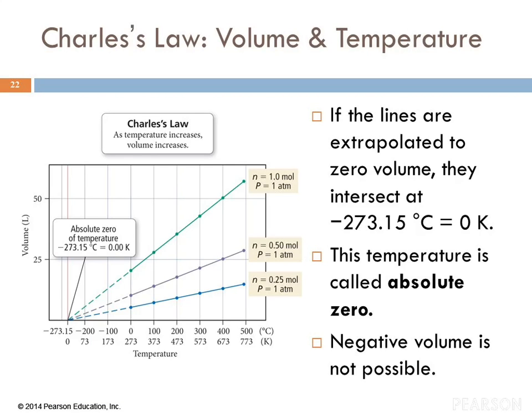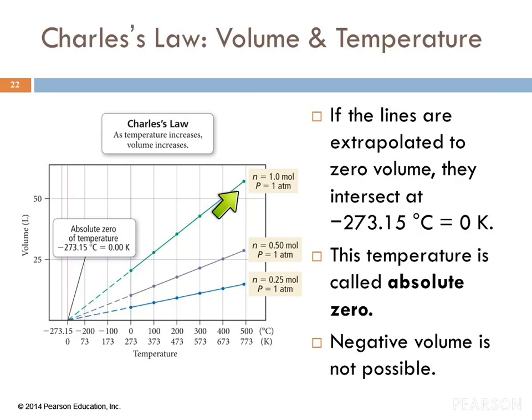This is a graph of volume versus temperature. So they changed the temperature, they measured the volume. And what they found was for different amounts of gas, so here's 0.25 moles of gas at 1 atmosphere, and 0.5 moles of gas at 1 atmosphere, and 1 mole of gas at 1 atmosphere. They made these nice straight lines, and if you extrapolate the lines, they all intersect at the same point.